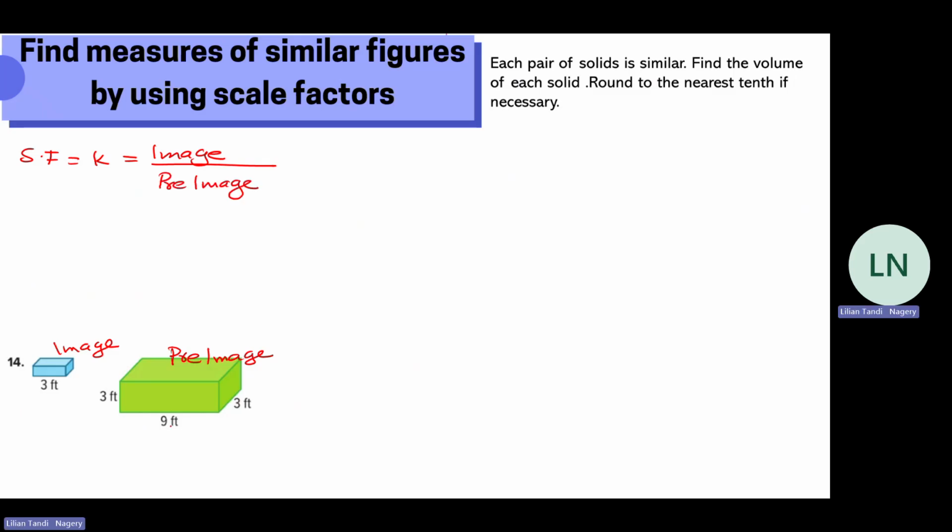What do I know of the pre-image that corresponds to the image? I know the length. So the image length and the pre-image length. When I divide them, they should give me the scale factor. Image length is 3 and pre-image length is 9, and this should give me 1/3.